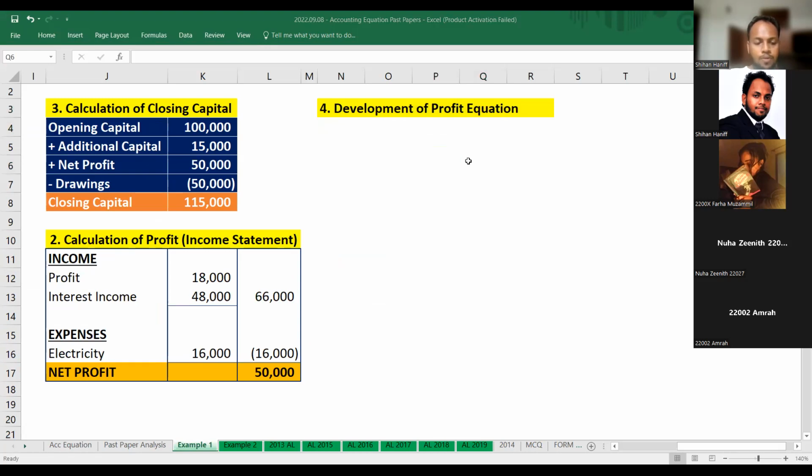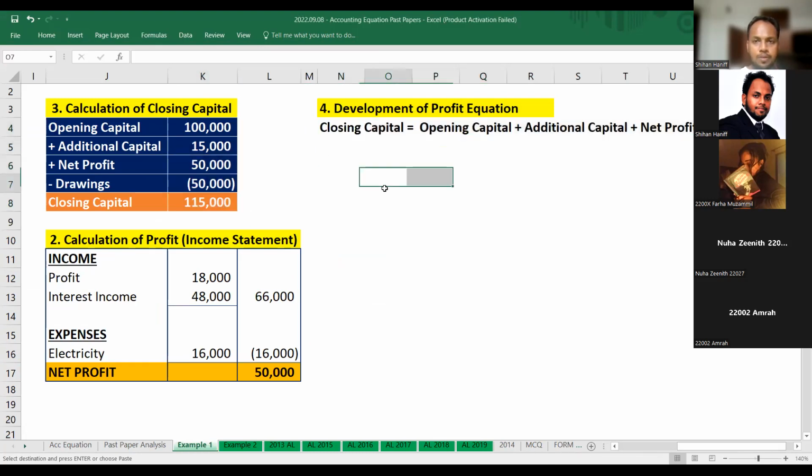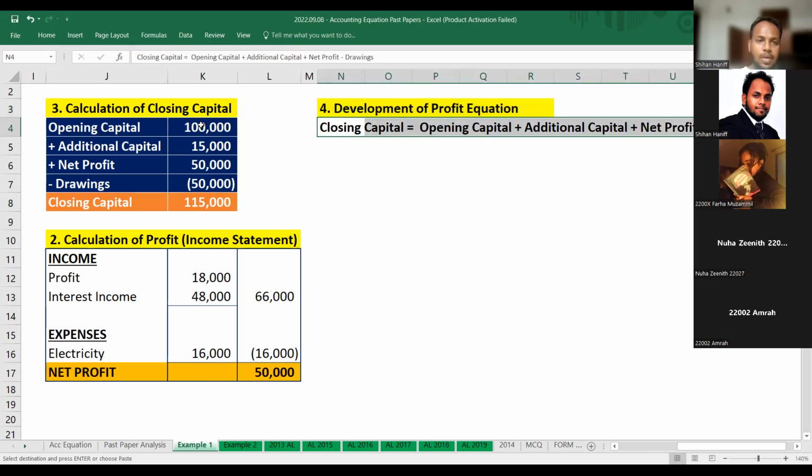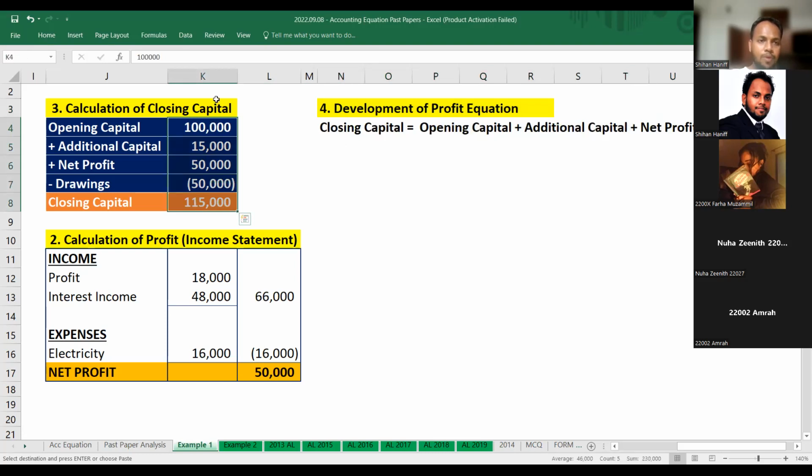So what is the closing capital equation? Now, the same thing I'm writing as an equation. Closing capital equals opening capital plus additional capital plus net profit minus drawings. So that is the equation I derived from this. This is how we calculate the closing capital.